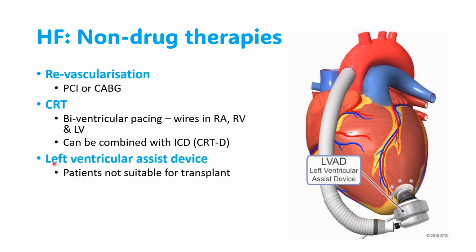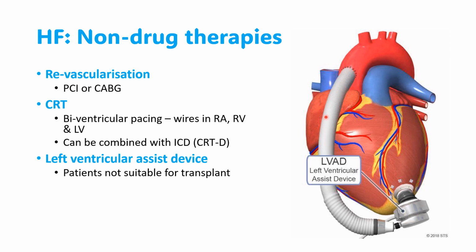And then we can also have left ventricular assist devices, which is an example of what I have here on the right. So blood enters the left ventricle, it enters the device, and then it's basically an artificial pump which connects to the ascending aorta.